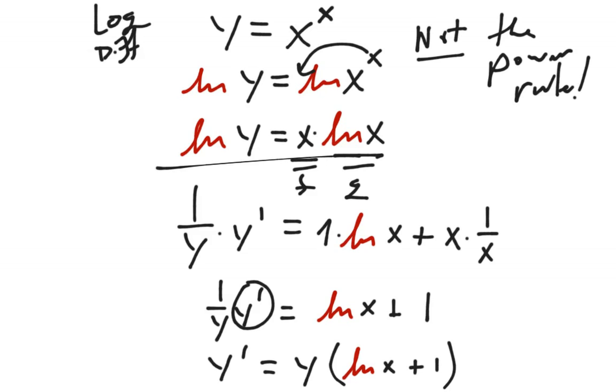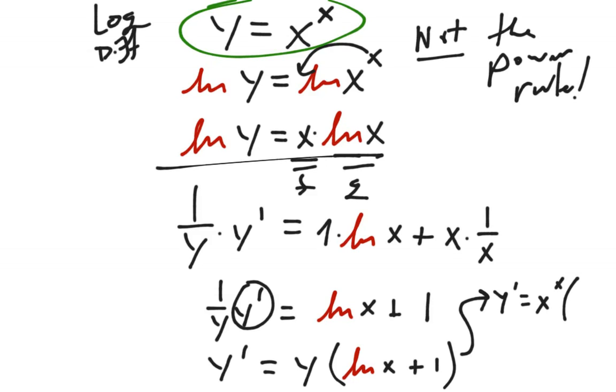And then remember, from way back in the beginning, that y was simply x to the x. So y prime equals x to the x times the natural log of x plus 1. There it is. Okay, so that's a kind of funky derivative, but it's kind of cool.